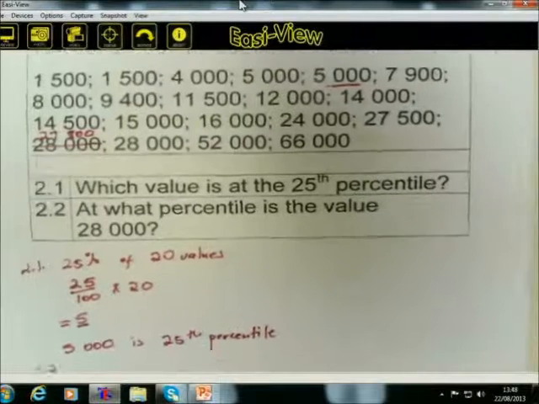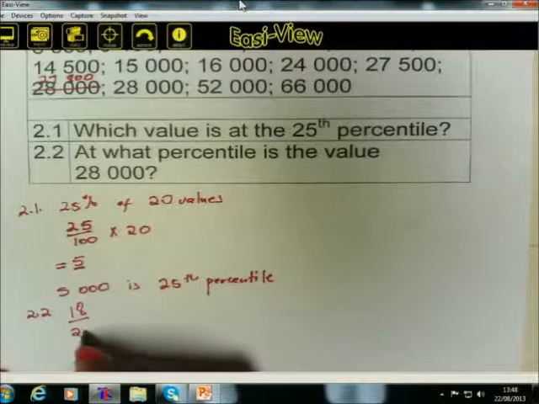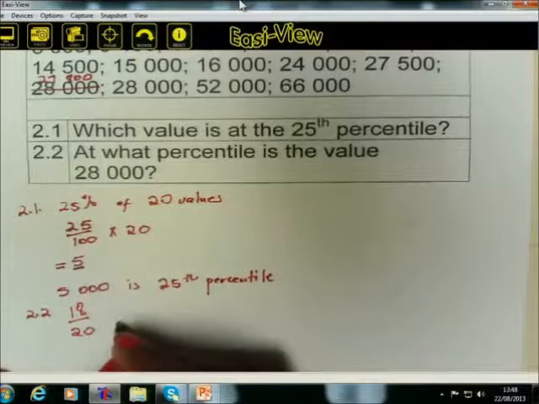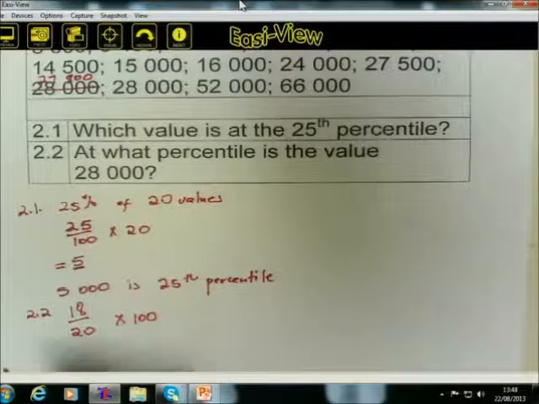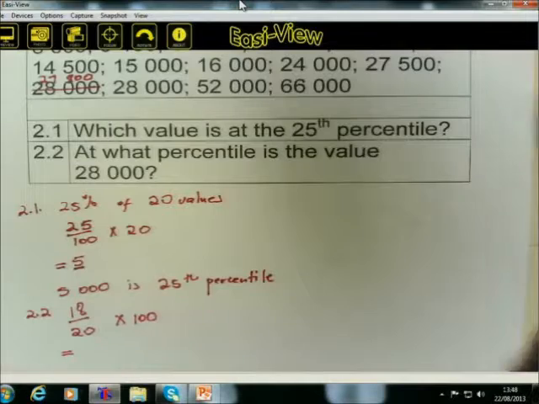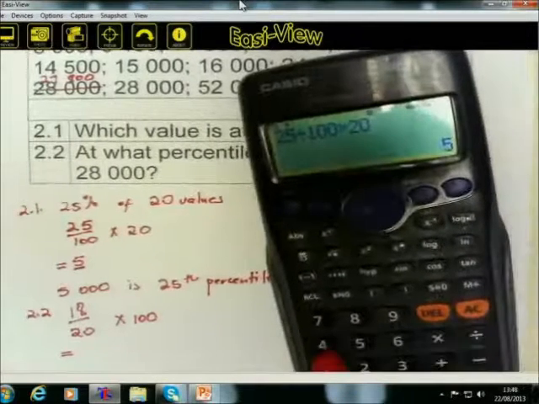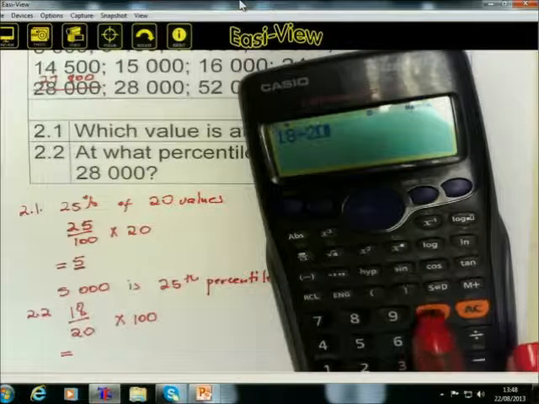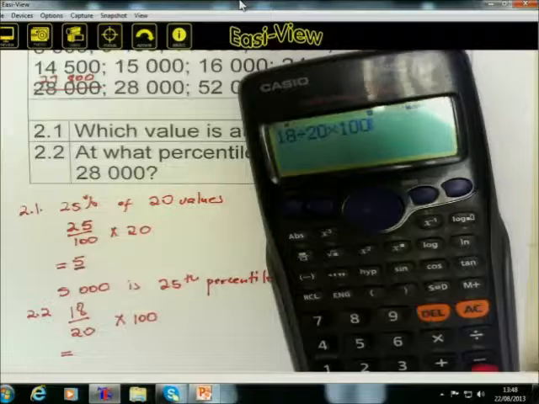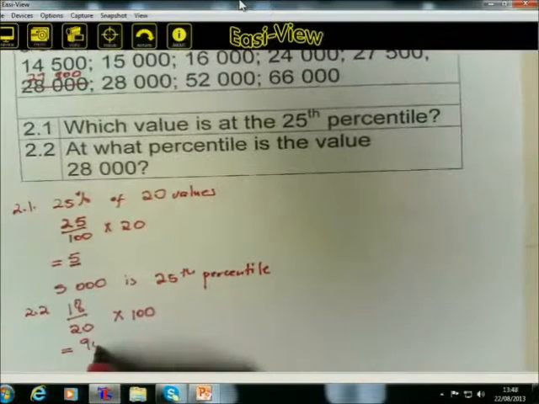Now, if you're looking for that percentile, we'll say the 18th value out of 20 values multiplied by 100. Let's check that. 18 divided by 20 multiplied by 100 gives us 90, which is 90%.